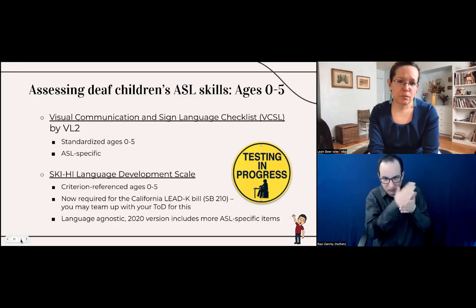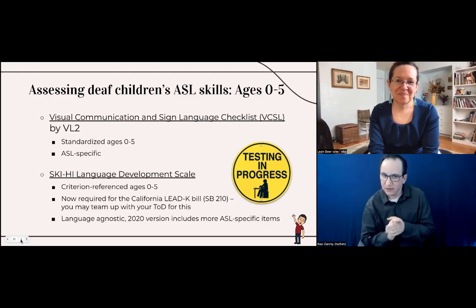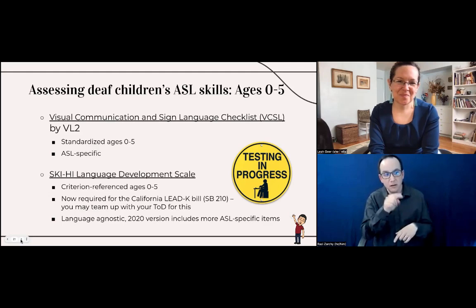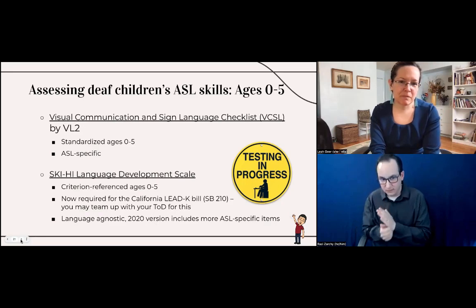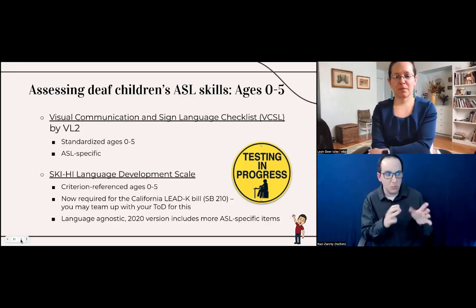And there's a lot of areas to check off for specific age ranges. But the order of it all is, I would say, not the best. But this specific assessment has a lot of sign modality specific skills to assess.